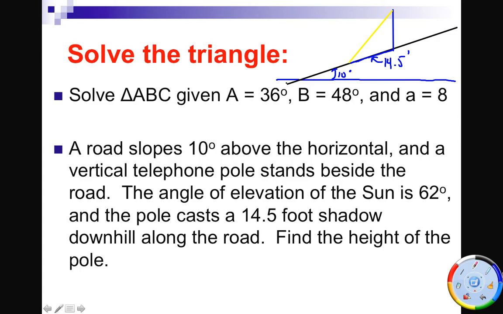Well, here's where you have to do a little bit of thinking. Darn, right? So the sun has an angle of elevation of 62 degrees. And if it's an angle of elevation of 62, it means it was actually an angle of depression if you wanted to come up here. The depression was 28. Oops, got to change that.